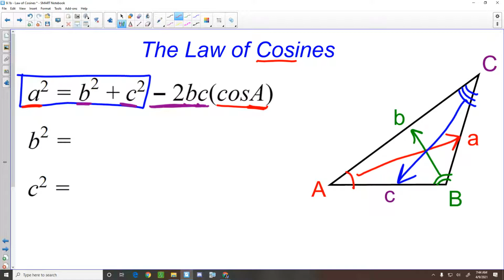If this is B squared equals, which other two sides do I need to be adding up? If this is the B, what are the other two sides? A and C. So I'm going to start by writing B squared equals A squared plus C squared. Right? So you've got one of each of the three sides.